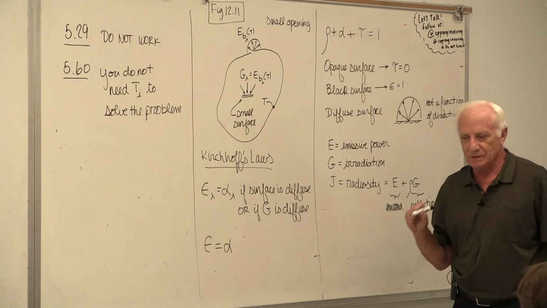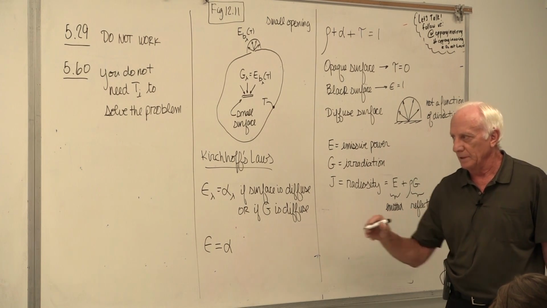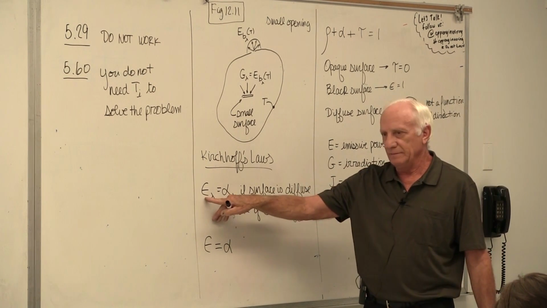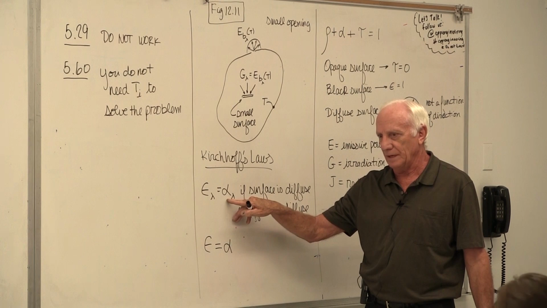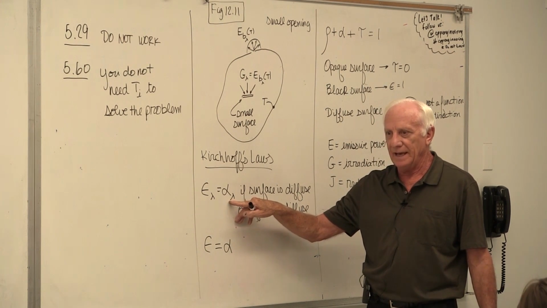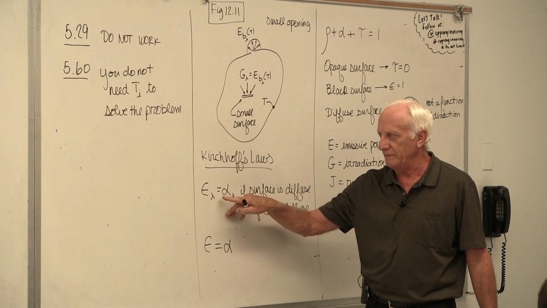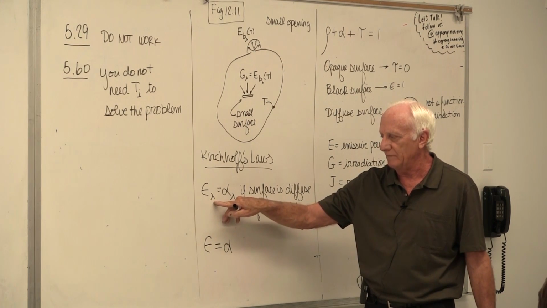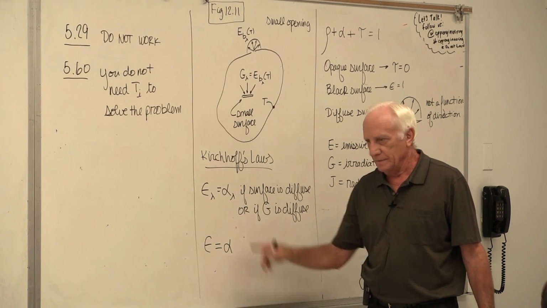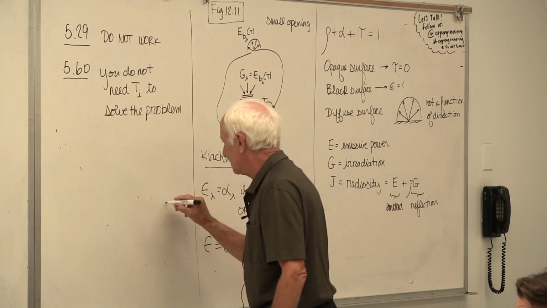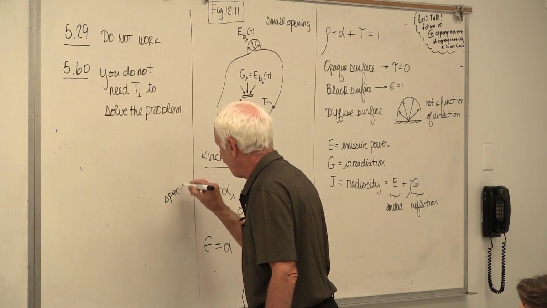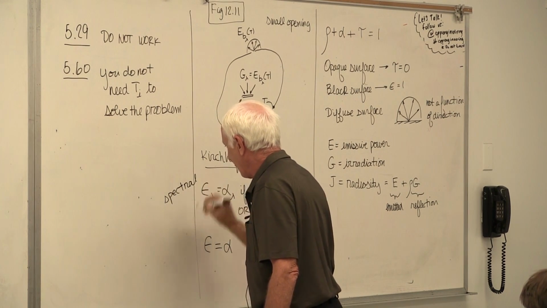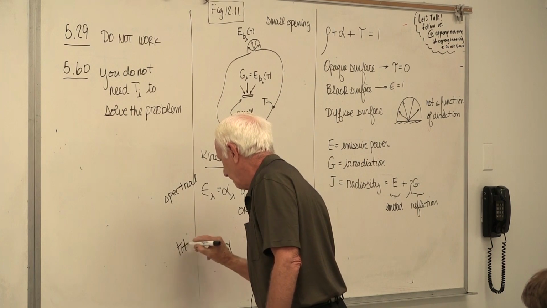Don't forget the lambda subscript means the word spectral. This is the spectral emissivity. This is the spectral absorptivity. Spectral means at a particular wavelength. What's the value of emissivity at a particular wavelength? I'll put a note here. This is spectral. This is called total.